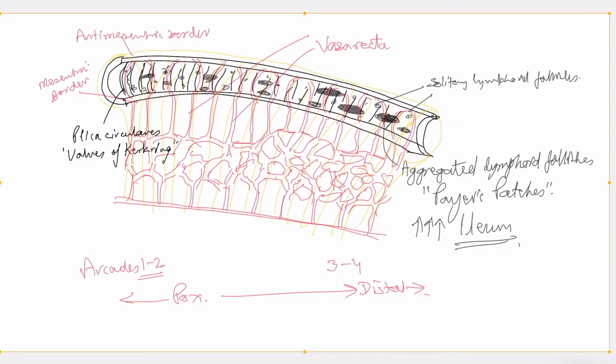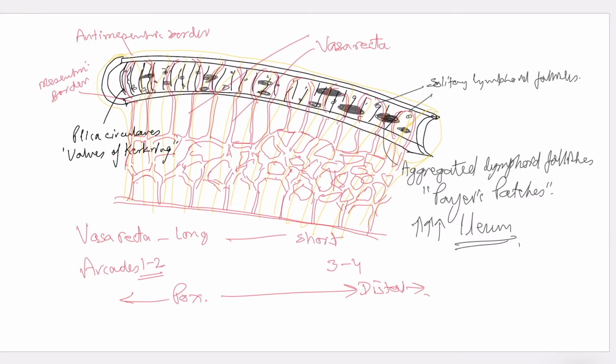From those arcades come the straight vessels, the vasa recta. In the proximal portion these are long, and in the distal portion they are short.